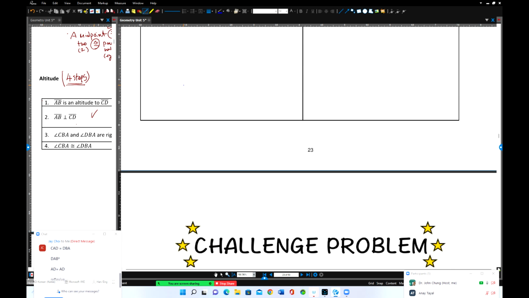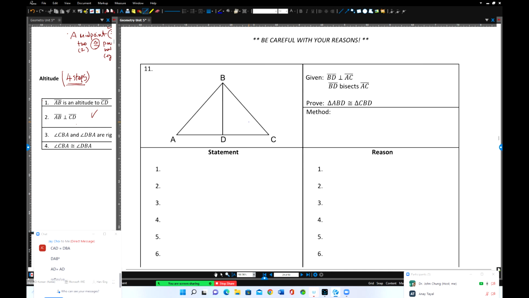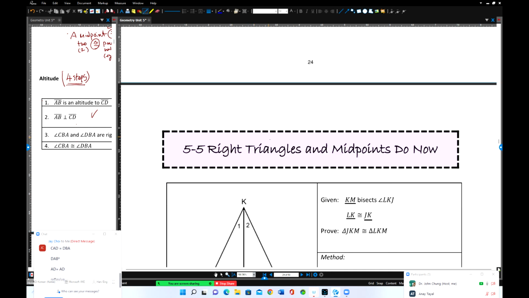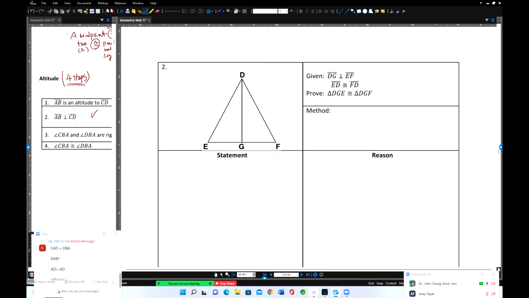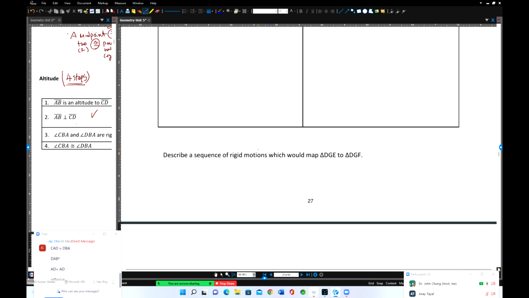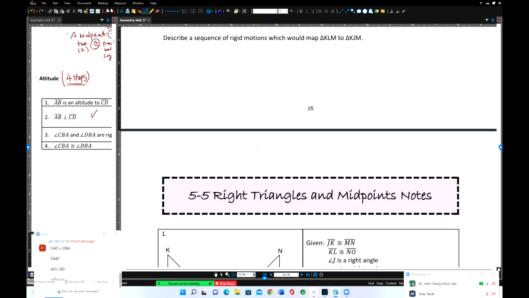So we'll finish up to here. Today's 28. We're going into the next, the challenge problem over here, a little more steps. That's it. So we'll continue this one next time.